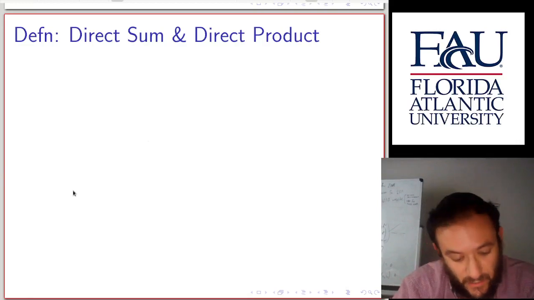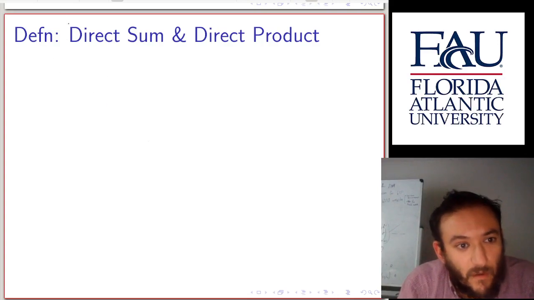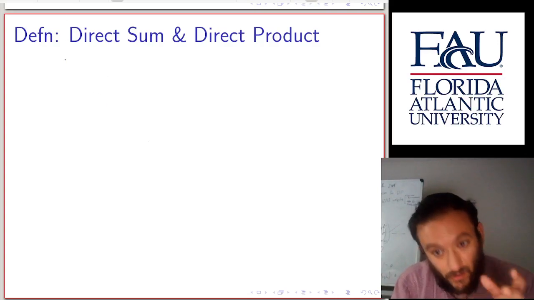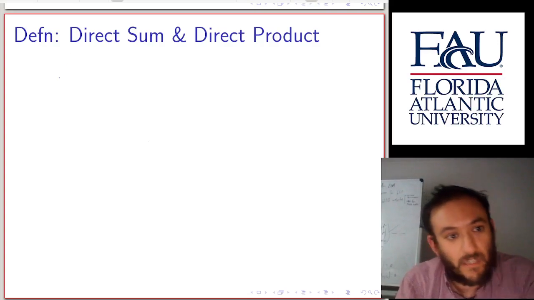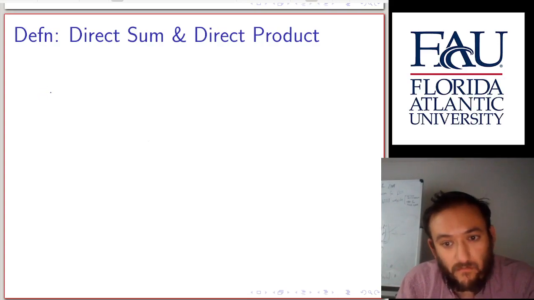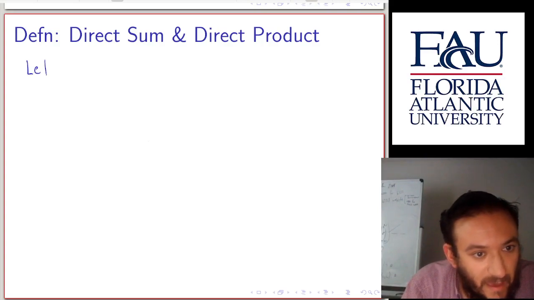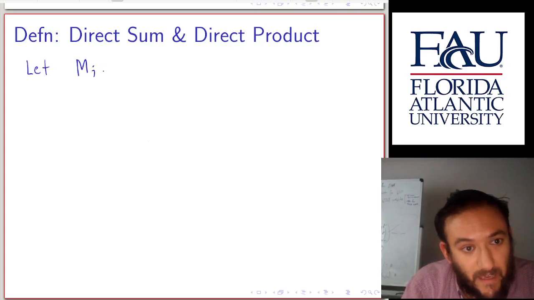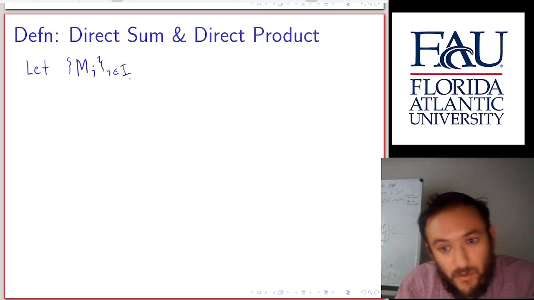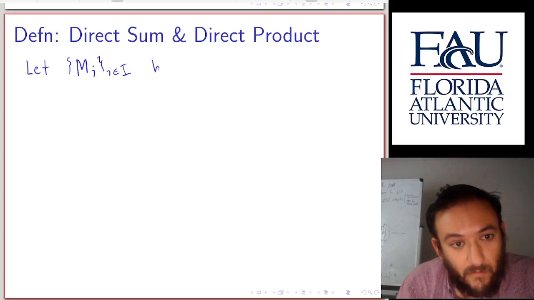We'll finish off with two constructions. These are the direct sum and the direct product. Before, with the sum of submodules, we were using the addition inside of the larger module, which had its own addition. But we can define a direct sum with modules that are not inside of a common module. Suppose we have some family of modules. Let Mi be a collection of A modules, with I an arbitrary index set, possibly infinite.